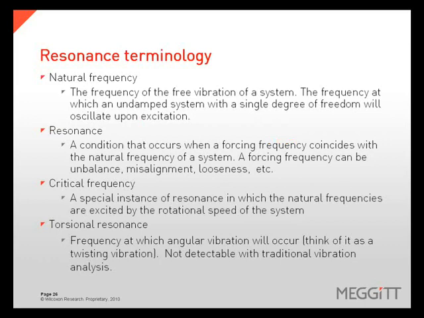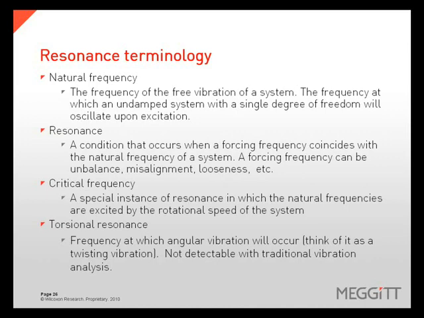Before we discuss resonance, we should first become familiar with a few terms. Natural frequency. This is the frequency of free vibration of a system. The frequency at which an undampened system with a single degree of freedom will oscillate upon excitation. Resonance is a condition that occurs when the forcing frequency coincides with the natural frequency of a system.